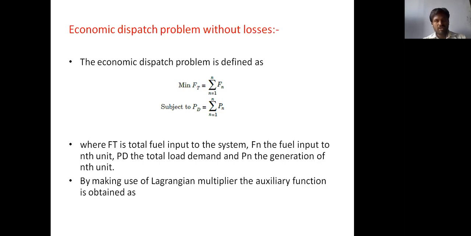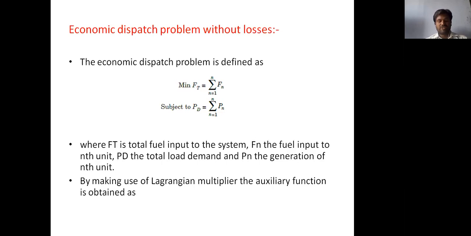To write the overall economic dispatch problem: minimum F_T equal to the summation from n equal to 1 to N of Fn, subject to constraints. Here the constraint is total power generation equal to total load demand.